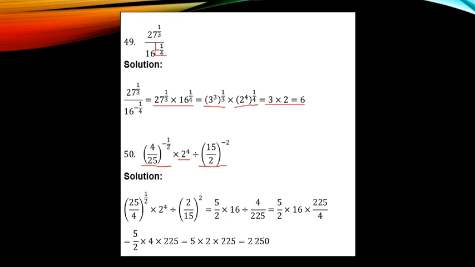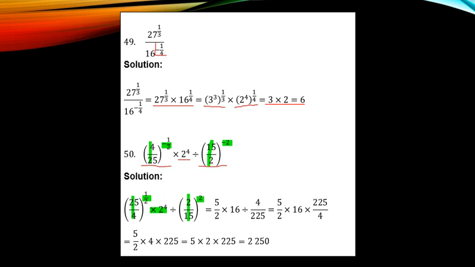Okay, so the first part, if you interchange 4 over 25 to 25 over 4, the power that is negative becomes positive, times 2 power 4. You interchange 15 over 2 to 2 over 15. The power that is negative here becomes positive.